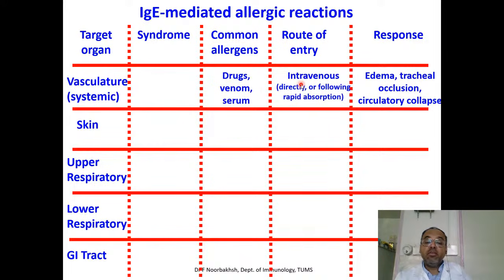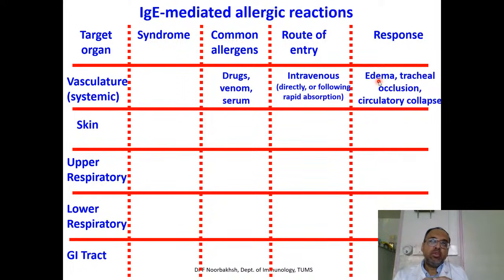And if we have formed IgE against some elements like the drug elements or proteins in the venom or proteins in the serum, we have mast cell degranulation and eosinophil activation all over the body. So if you recall from the previous slide, the elements which are released from granules in mast cells, like histamine and lipid mediators and cytokines, can lead to vasodilation.